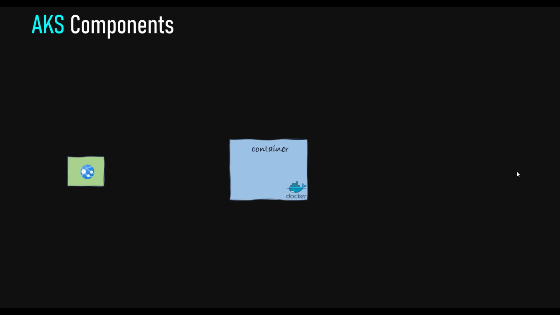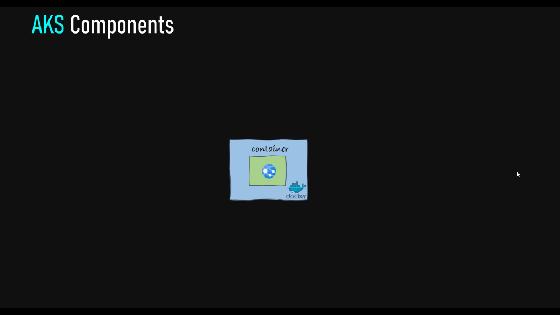So let's say we have the application developed by a developer and the application is ready to package into the container. So when we run the Docker command, which will basically build the container, so Docker build, then basically application will be packaged as a container along with all its dependencies.